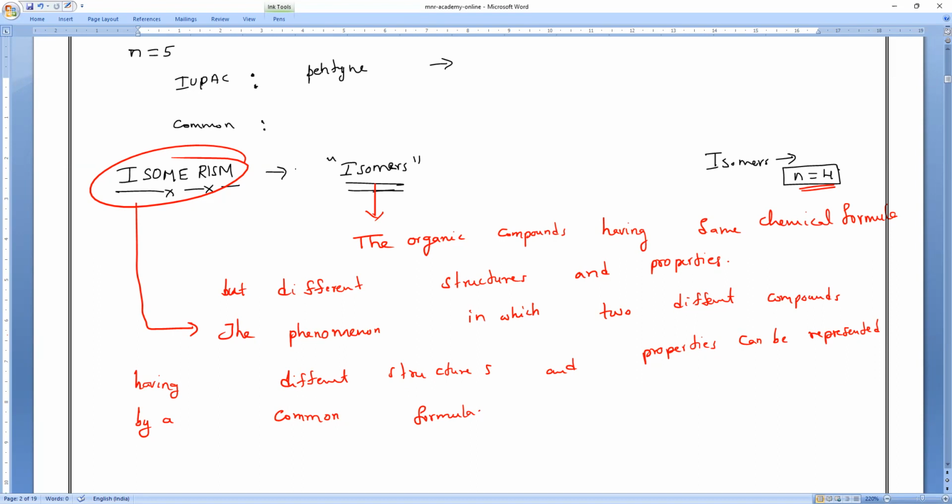And that too, you need not learn all the things. I'm saying just n equals 4, n equals 5, n equals 6, and n equals 7. 7 also in extremely rare cases, but 4, 5 and 6 are the most important ones.